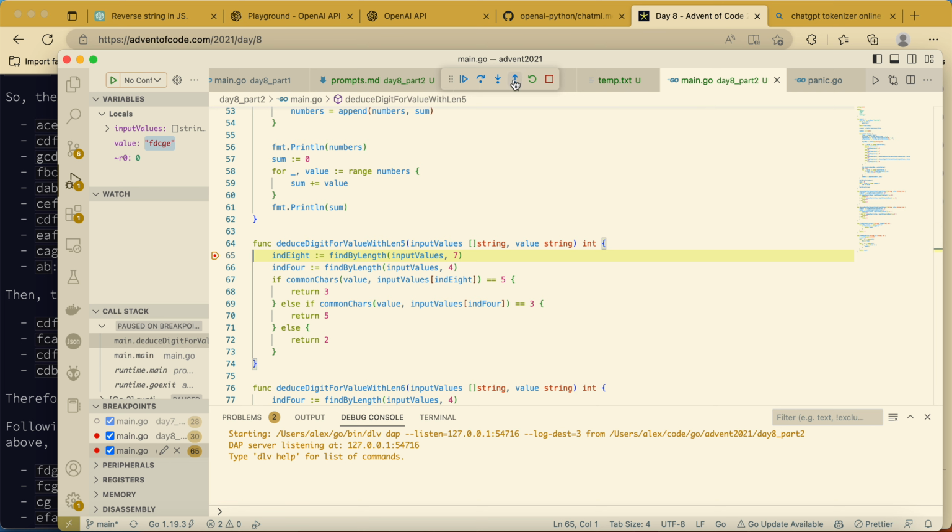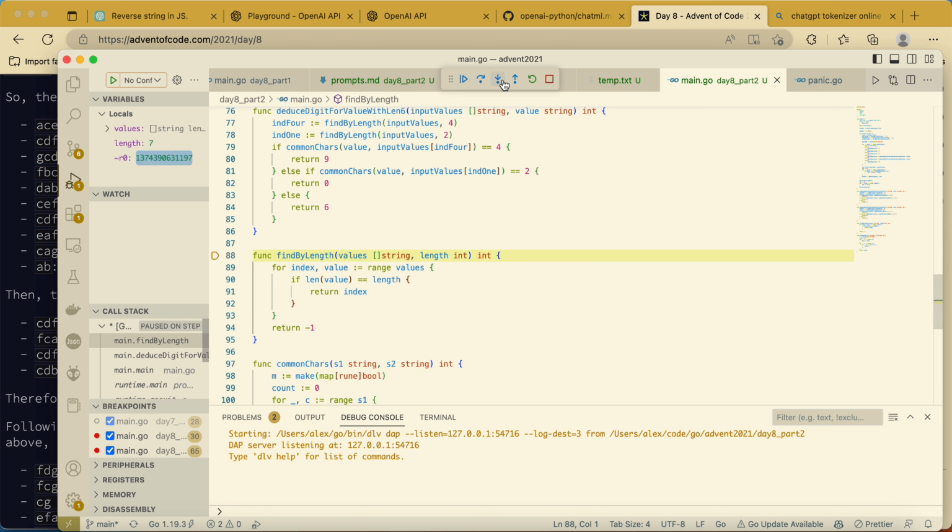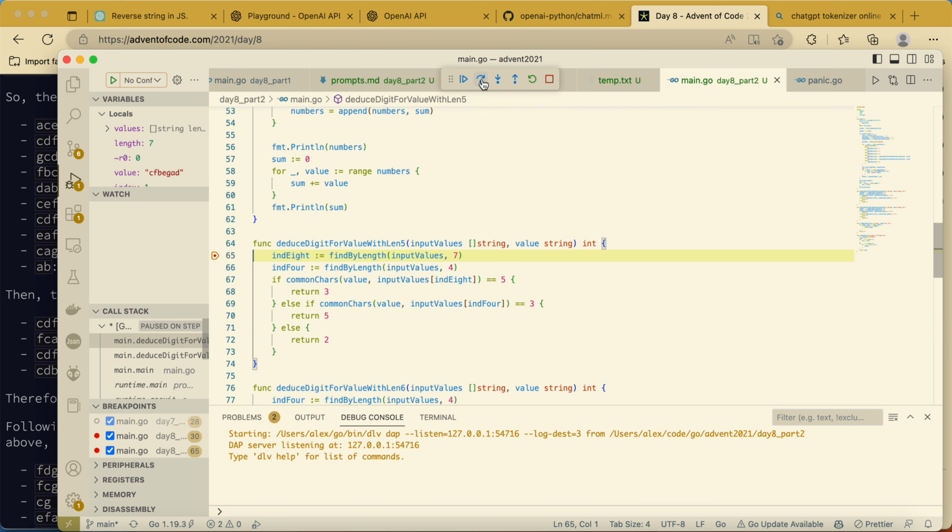Let's see how that's going. Okay, I'll probably jump over. In here, removing 1. Okay, it's 1. That looks correct.